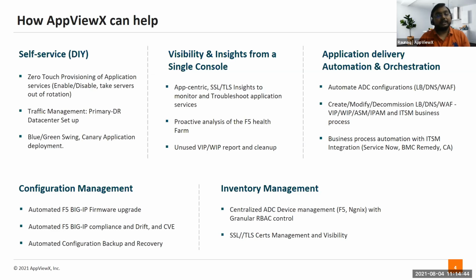Now, the second thing that AppUX helps in is visibility and insight from a single console, right? It is very app-centric, based on role-based access control. You get an insight to monitor and troubleshoot the application services. You get the capability, even if you're not aware of the application, or rather you're not aware of what the server can do and cannot do. Just a right click, enable the server.